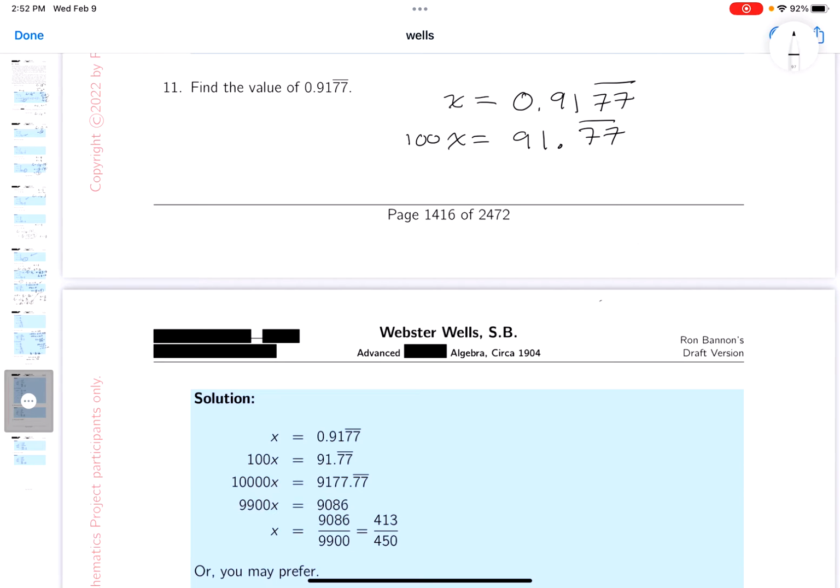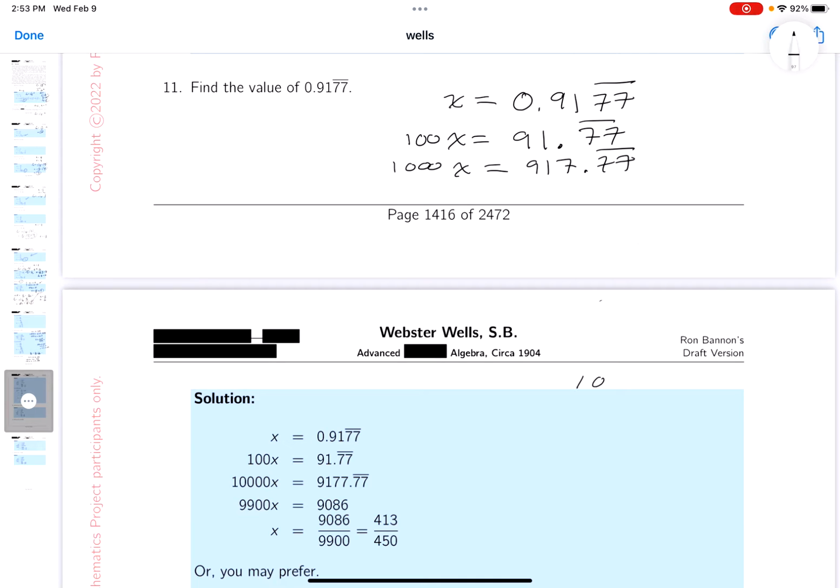So let me write that down. By moving it one place, I've got to multiply by an additional 10. Well, 10 times 100 is 1,000, and 10 times 91.777 is going to be 917.77 repeated. I want to write this so the decimal point lines up, because that's the way most students see subtraction.